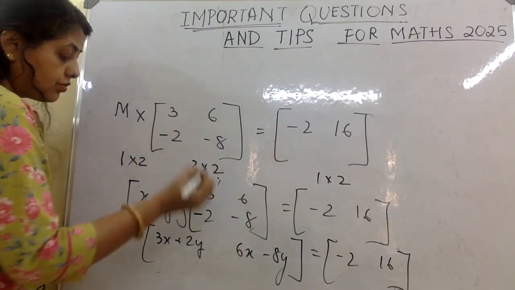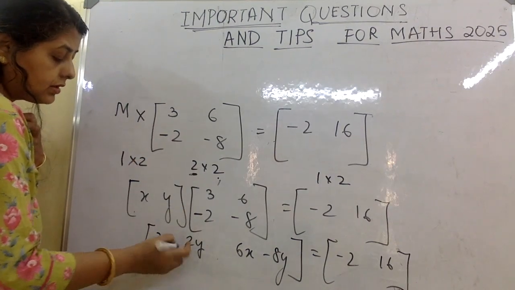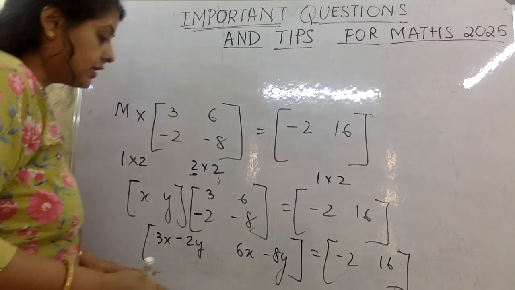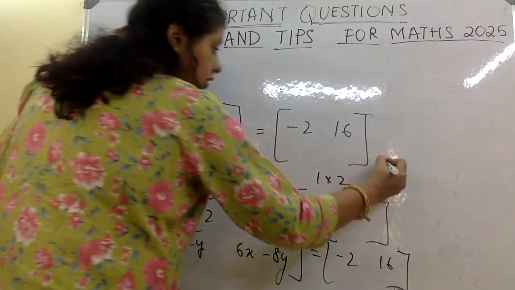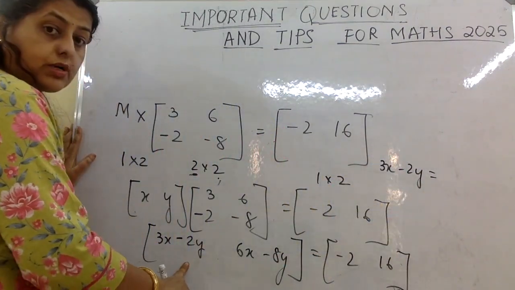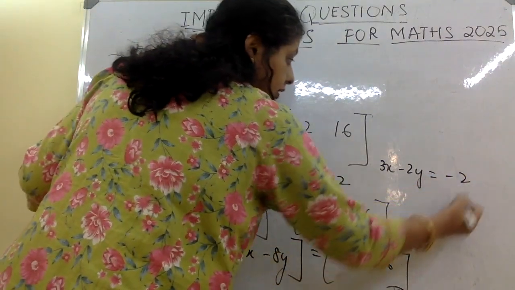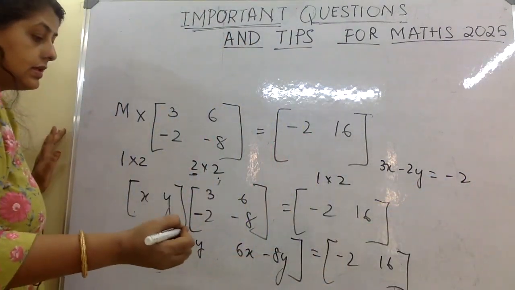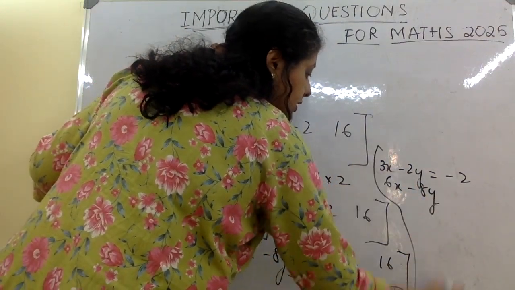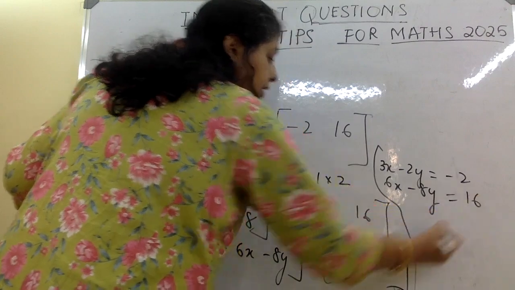I forgot to put this minus sign. So this is okay. Now here 3x minus 2y, with this equated to this, and 6x minus 8y. This is nothing but your simultaneous linear equation, equal to 16.